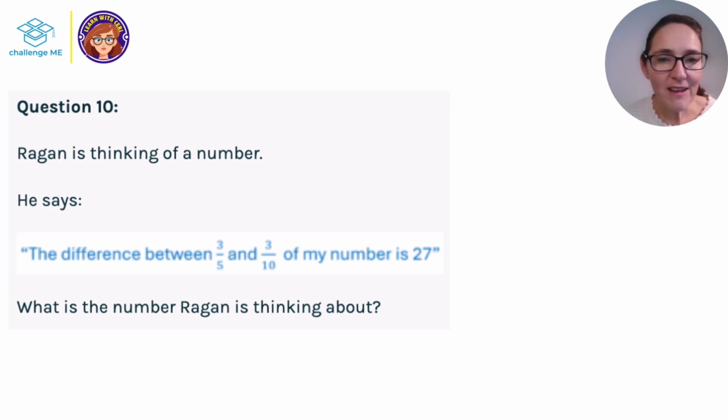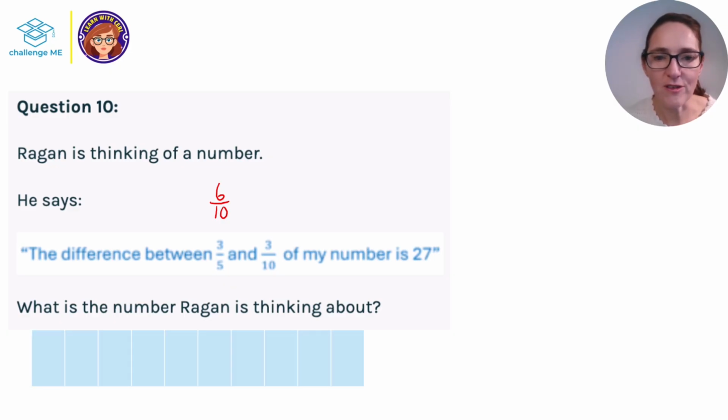I'm thinking that 3/5 would be easier to think of as 6/10, doubling the numerator and the denominator so that it's easy to compare. Then I'm going to draw a bar model that's got 10 parts. We know that 6/10 of the number, so 1, 2, 3, 4, 5, 6/10 of the number, and 3/10 of the number, the difference between them is 27.